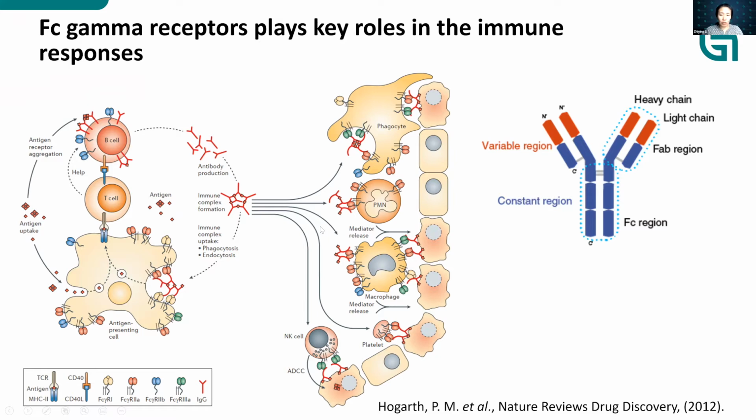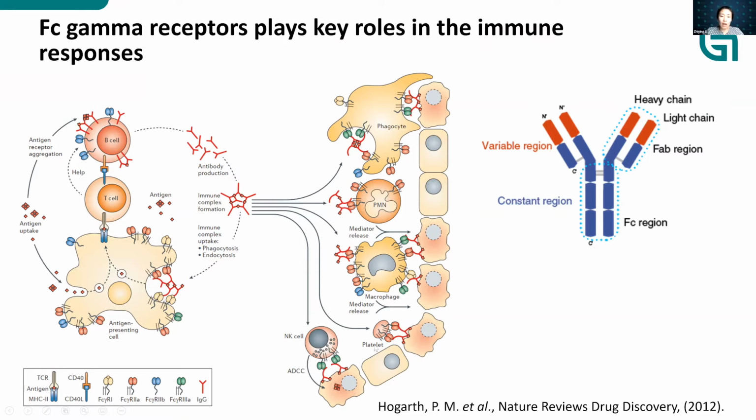I'll try to talk you through this diagram to give you an overview or a simple picture of how these Fc gamma receptors work in principle, as we learned. So the activating Fc gamma receptors are present, for example, on phagocytes, PMNs, macrophages, or NK cells.